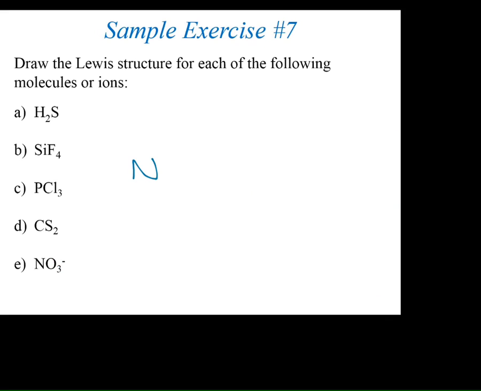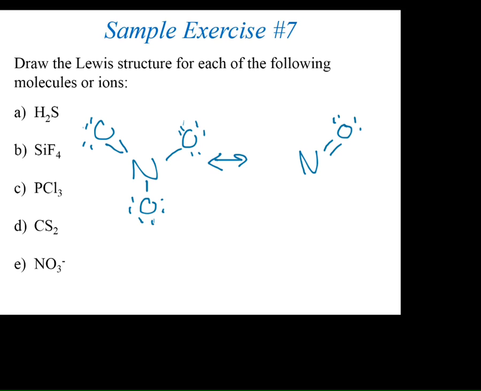So yes, it could be a double bond here, and then singles everywhere else. This is really messy, I'm so sorry. Or double arrow, it could have been a double bond on the top right one, and then single bonds everywhere else.